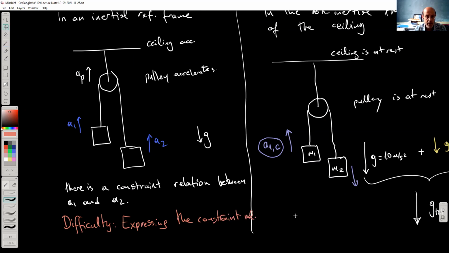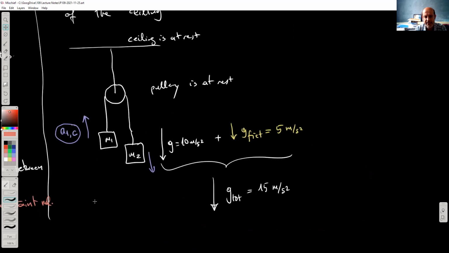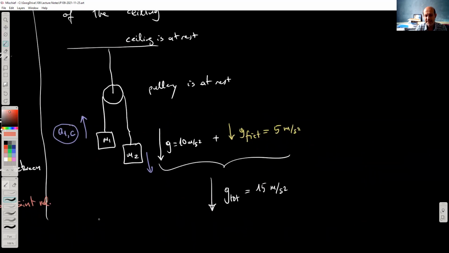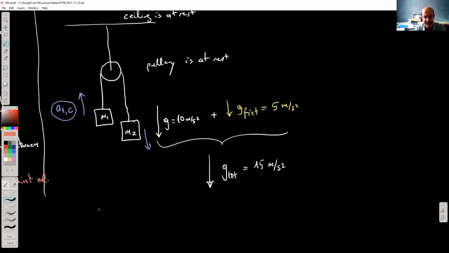Okay. In that case, for this case, the difficulty is basically the transformation of the accelerations. Let's say it like this. Difficulty: transformation of accelerations.